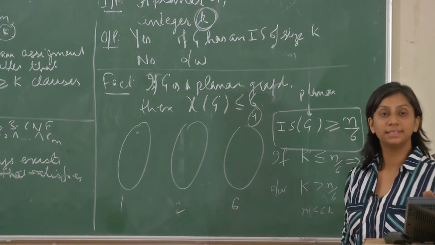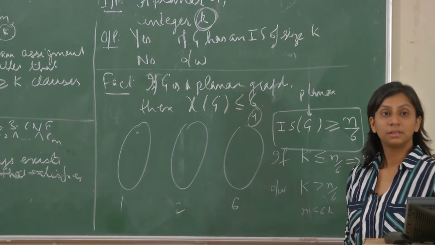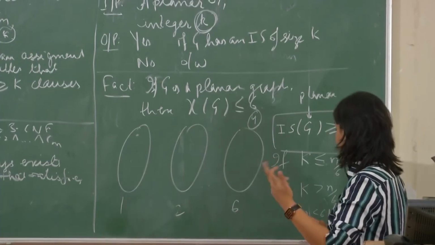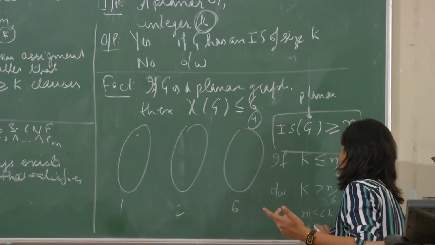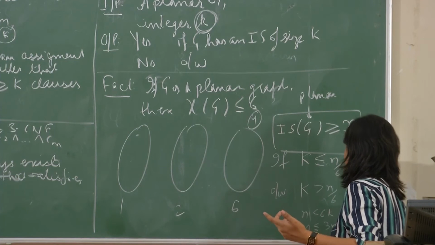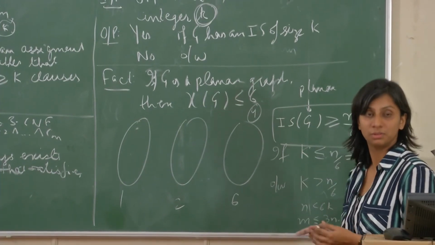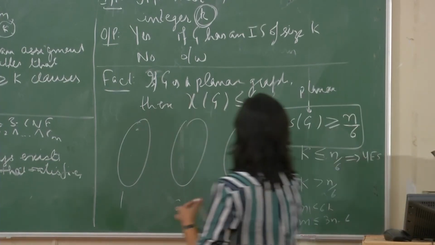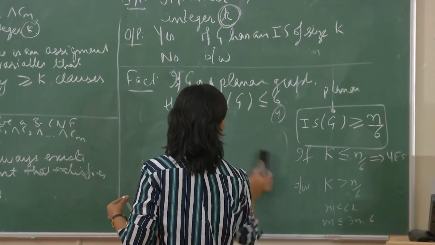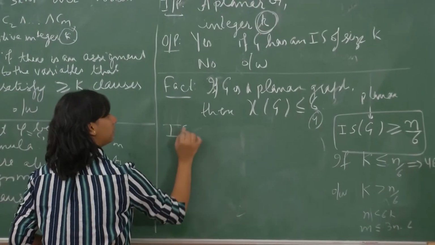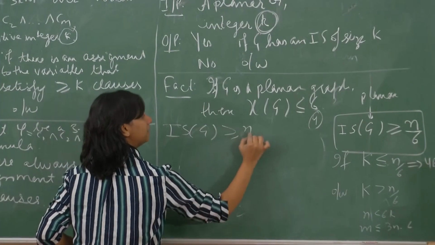Can you bound the number of edges? Yes. In a planar graph you always have this bound that m is at most 3n minus 6. So what we had was that the independent set of the graph is at least n by 6.